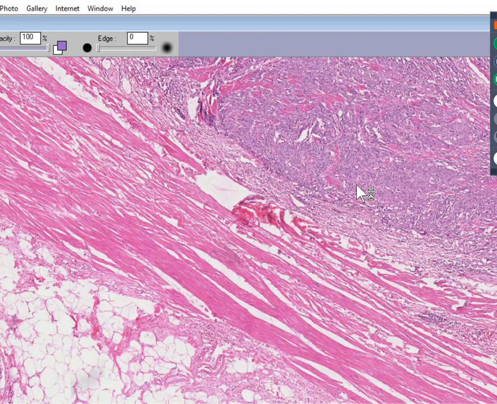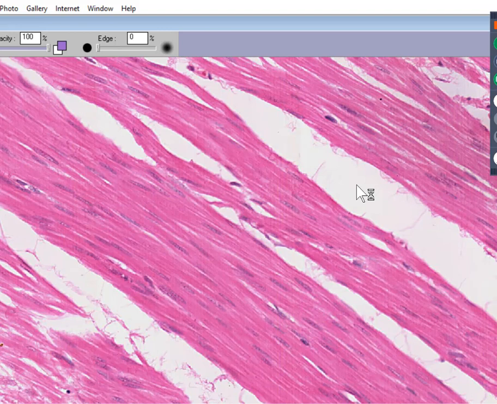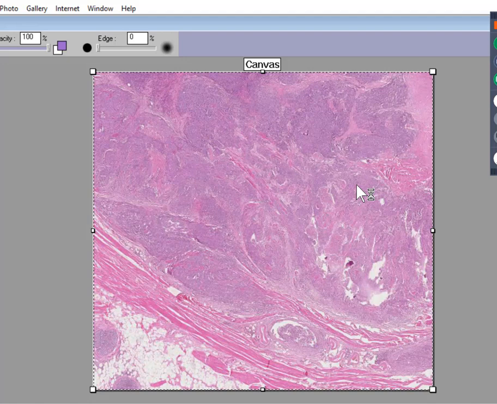So how do you know this is smooth muscle in the middle? Because when you zoom in on it, you can see nice spindly smooth muscle cells. So we have an organ or a tissue that looks like it is smooth muscle, but you could see on one side of the smooth muscle is a big cluster of tumors which invade the smooth muscle.